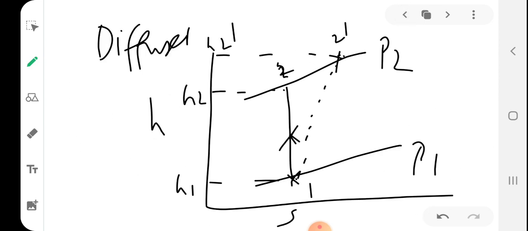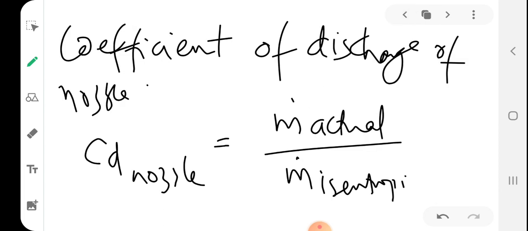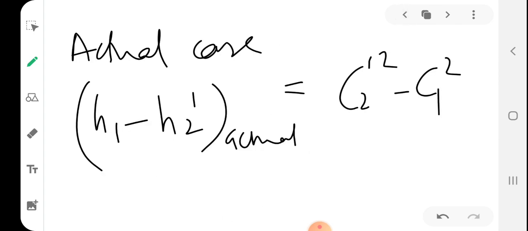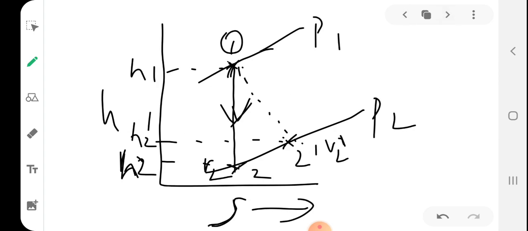In the diffuser, isentropic is taken in the numerator because the isentropic value is lesser and the actual value is higher. In the case of the nozzle, the actual value is lower and the isentropic value is higher, so the actual value is taken in the numerator.